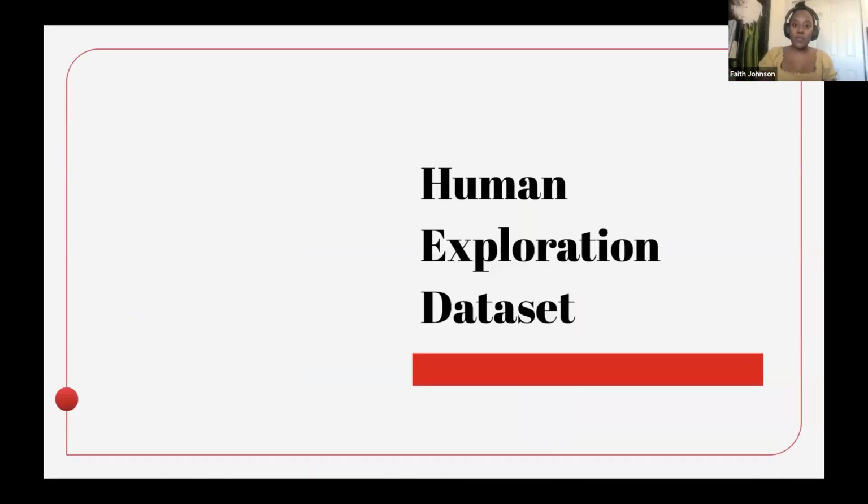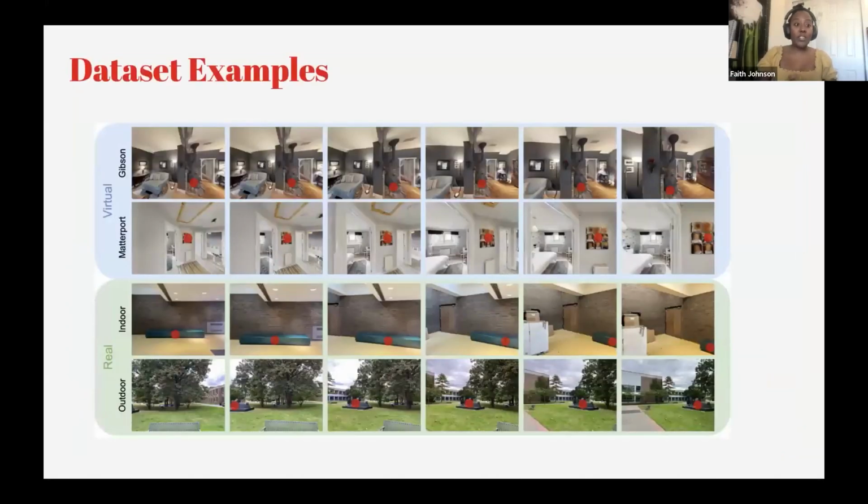And so what we decided to do is make this human exploration data set. For different virtual and real world scenes, we dropped people into different environments and recorded the image observations of what they would see in the world, and then had them click on a screen to show the direction they wanted to go in, which are indicated here by the red dots.